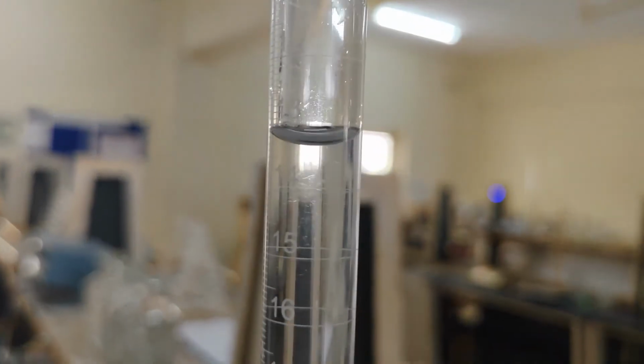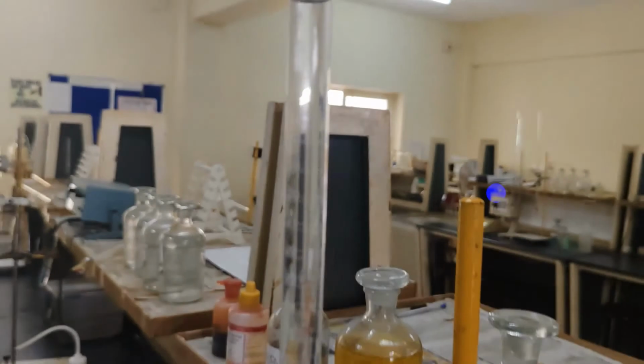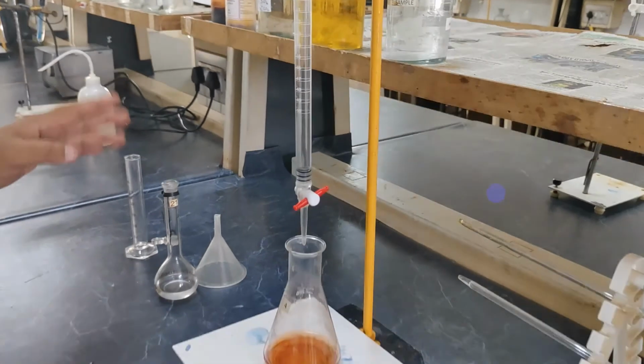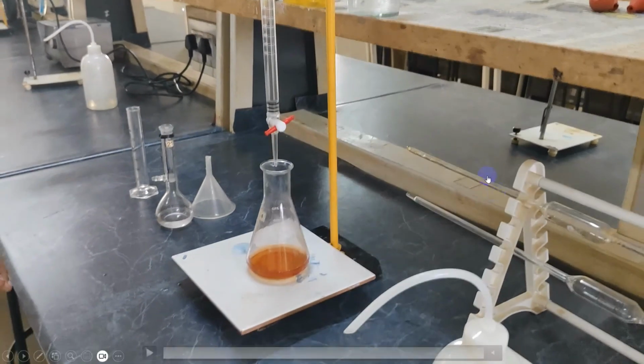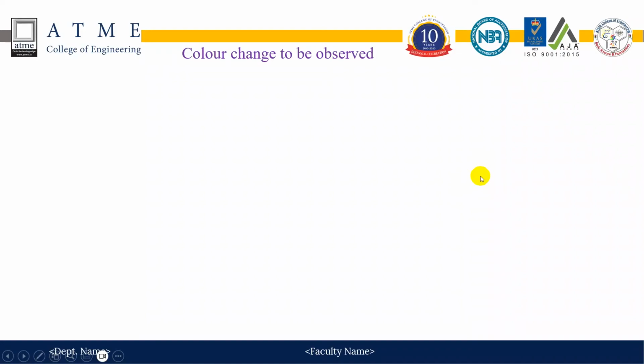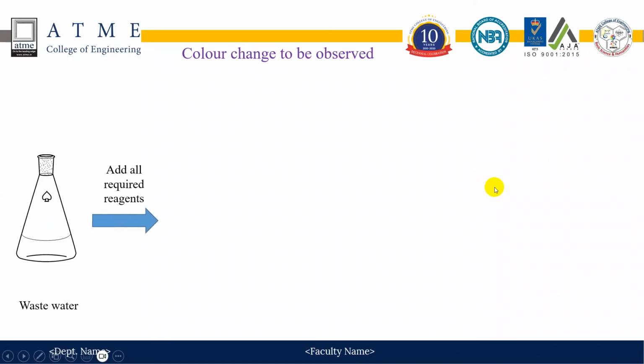In the previous step, around 11 ml was consumed. Here 13 ml has been consumed. This means around 2 ml has been consumed for the oxidation of organic compounds. During this reaction, it's very important that you note the colors properly. Initially when you take wastewater, it will be colorless in nature.